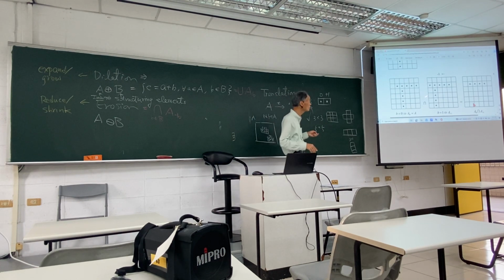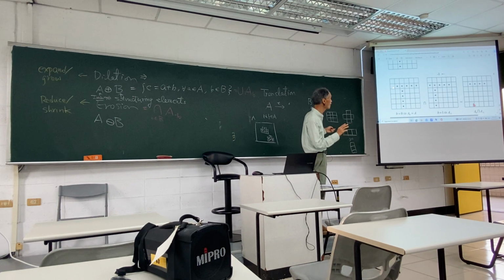We shift it to the left. And then we need to take the intersection, the intersection of A and A minus 1. So the intersection is only these 4 points. Okay? Does everyone know this?